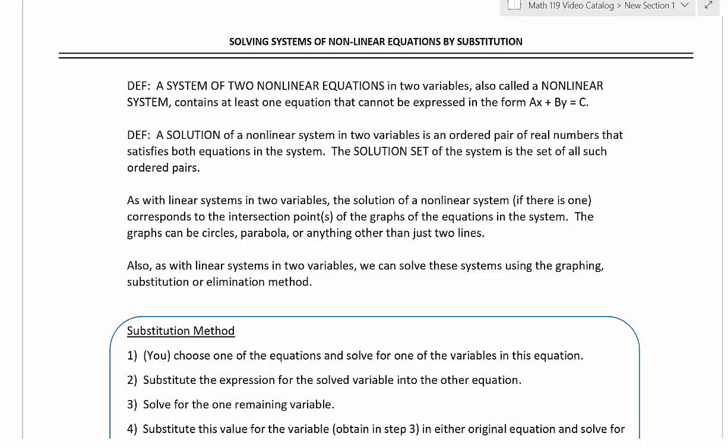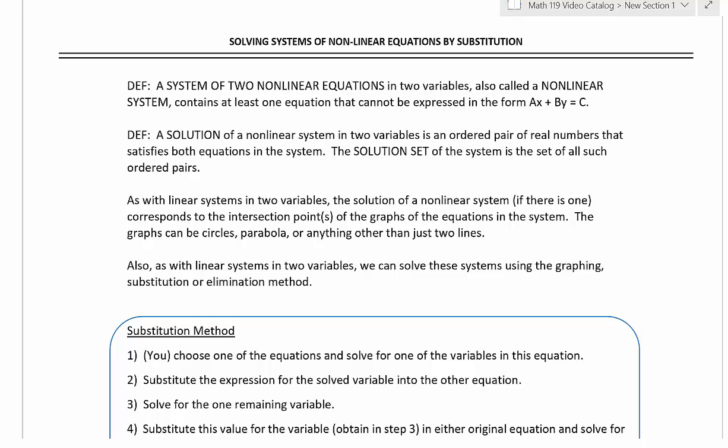This is going to be a really important skill when you're in calculus and trying to find the area between two curves. You're going to have to find the points where those two curves intersect so that you can find the area.